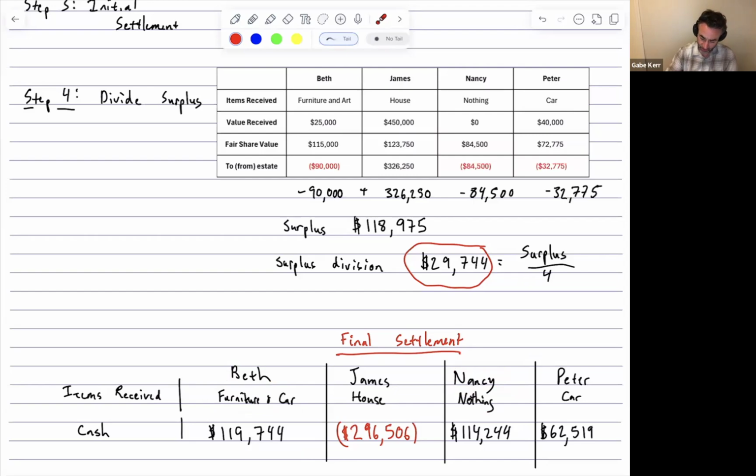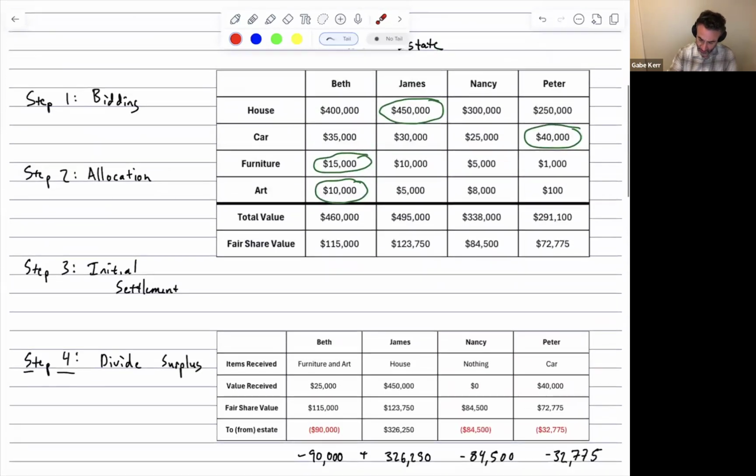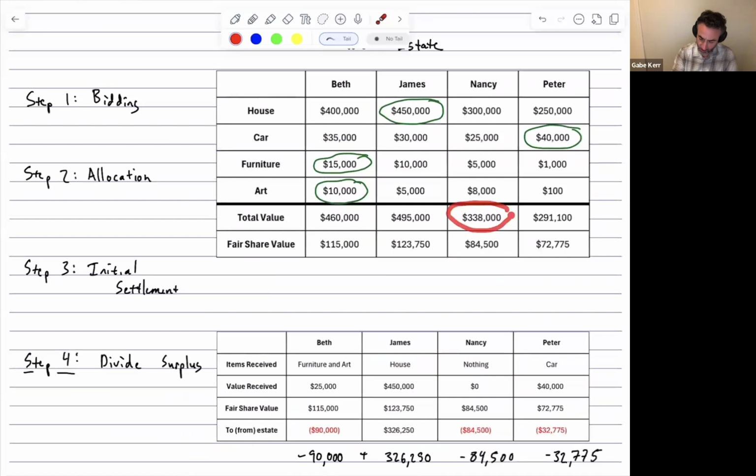Nancy valued the estate at a much lower value than Beth did. So Beth, over $100,000 less. So from Nancy's perspective, she did get a fair share because she got more than her fair share value that her value system said the estate was worth.